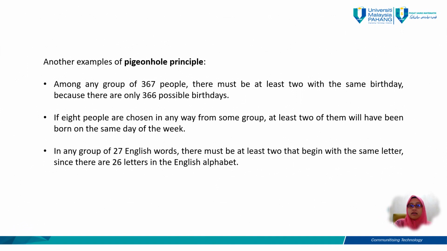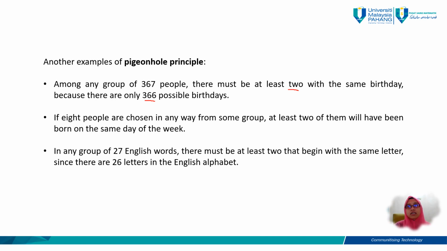Here are other examples that can be solved by using the pigeonhole principle. Let's go one by one. The first one: among any group of 367 people, there must be at least 2 with the same birthday because there are only 366 possible birthdays. In a year we have 365 or 366 days, so we consider a year to be 366 days.